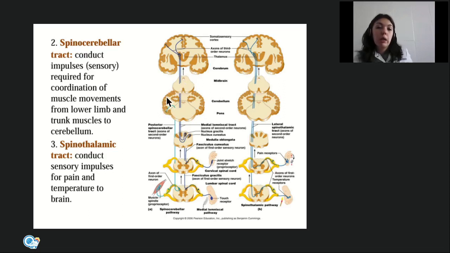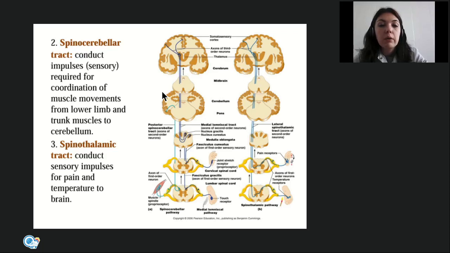So the posterior spinocerebellar tract is not decussated, and the anterior spinocerebellar tract is decussated twice. Anyway, fibers end in the cortex of the cerebellum of the same side. So that's why any injury in the right cerebellar hemisphere, for example, will cause consequences again on the same side, the right side.